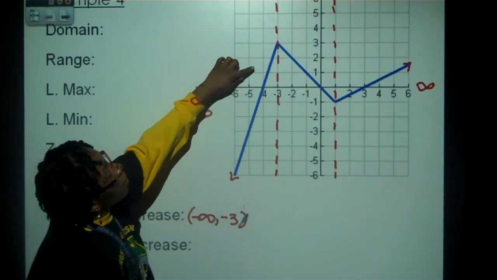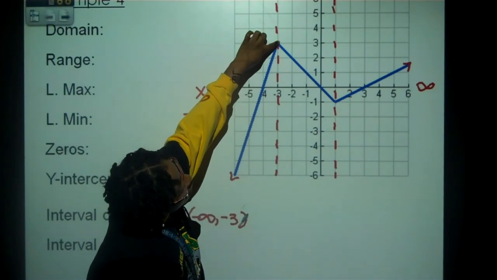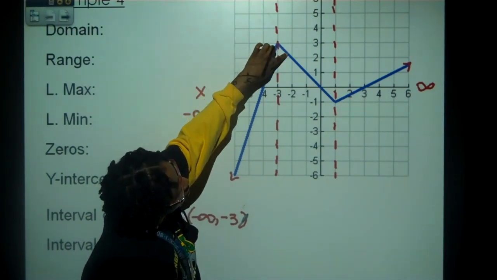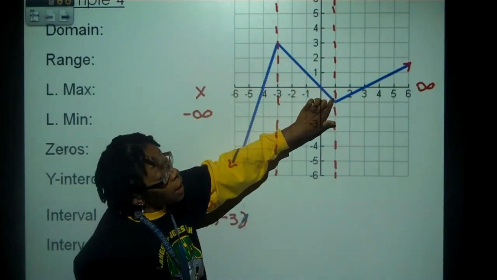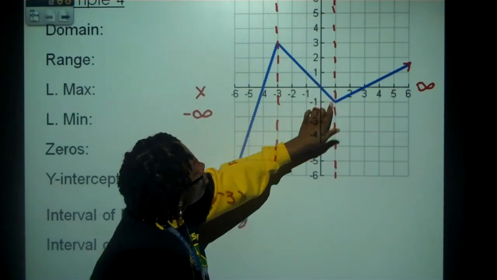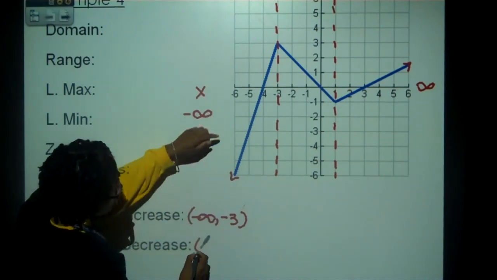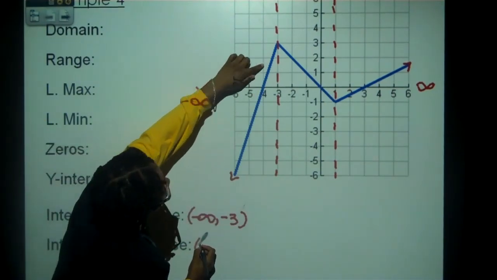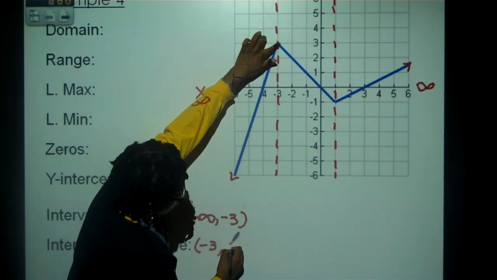Then it changes direction. Once it changes direction, it starts decreasing. It decreases from negative 3, where we were just then, until we get to this point. Again, I'm looking at my x-axis. When I look at my x-axis, it decreases till it gets to positive 1. So my first interval of decrease is going to be from negative 3 to positive 1.